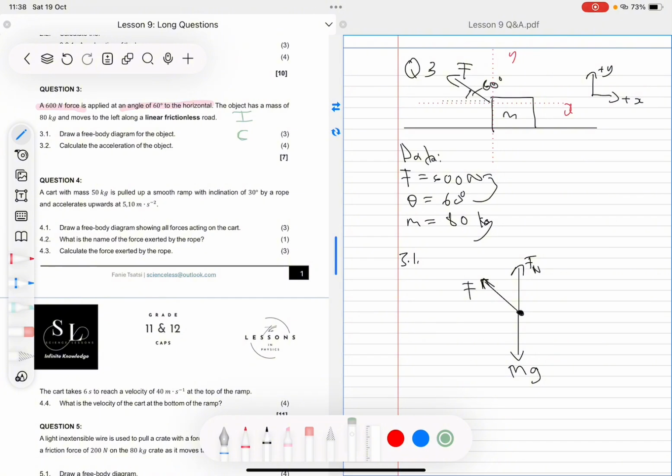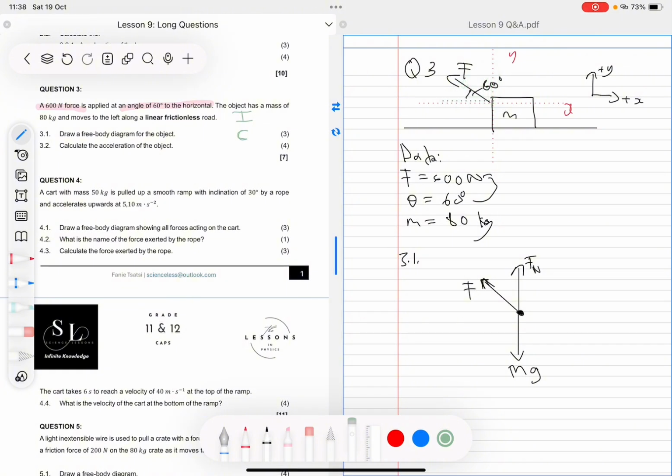Another way of looking at this problem is saying if we pull this object by a force that goes in the y direction, and another force that goes in the x direction, it will move in the same way as when we pull it with this force here. These two forces in the x and in the y make up this force.